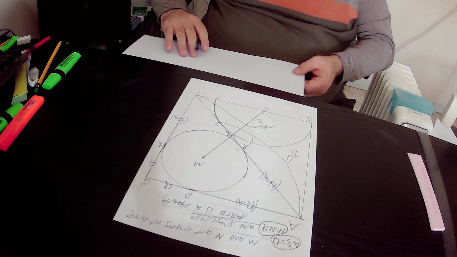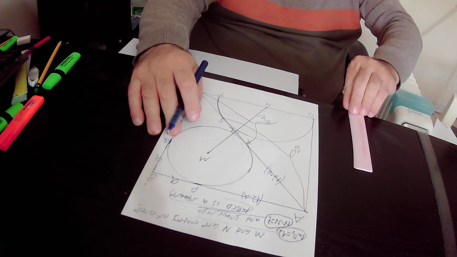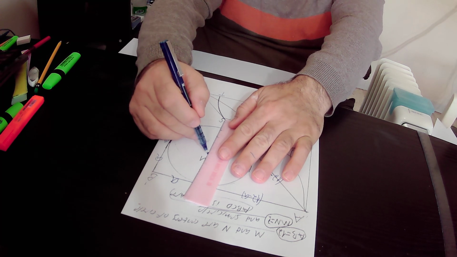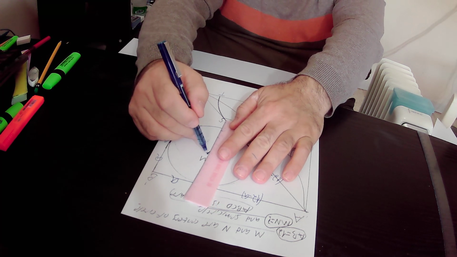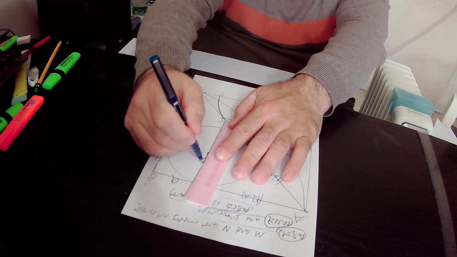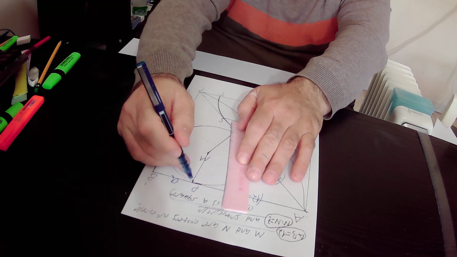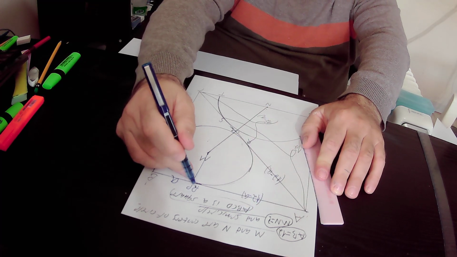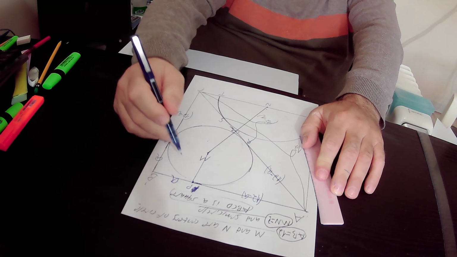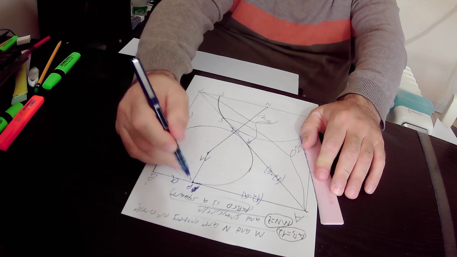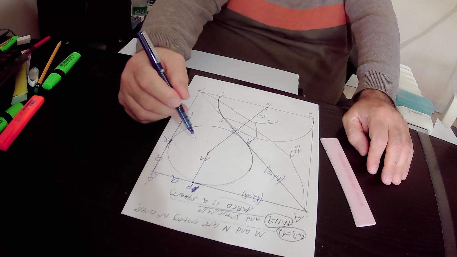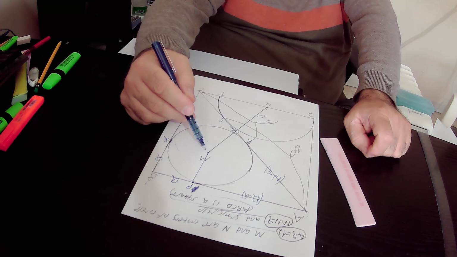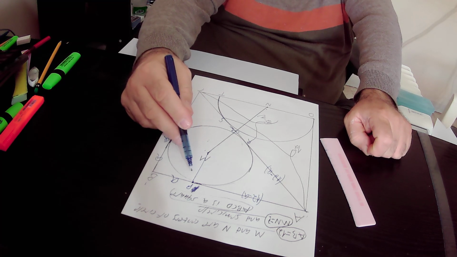Here we will join points M and P together by a straight line. MP, line segment MP, is the radius of this circle because it starts from the center of this circle and ends at point P, a point on this circle itself.